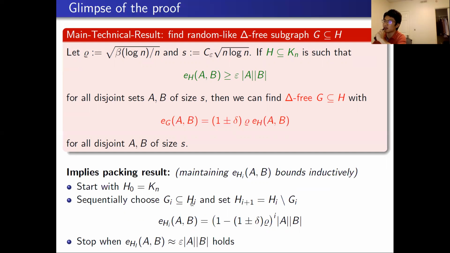So here, Hi plays the role of H, and Gi plays the role of G. We find such a triangle-free graph Gi with controlled independence number from Hi, and then we set H(i+1) equal to Hi minus Gi.